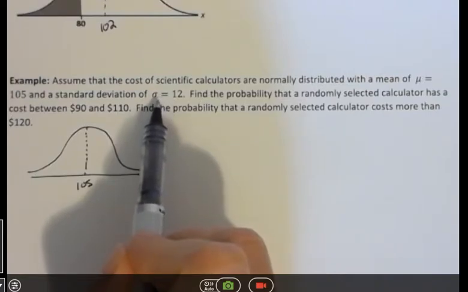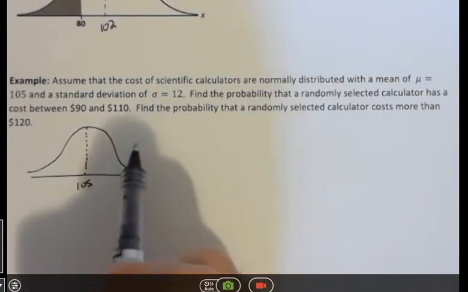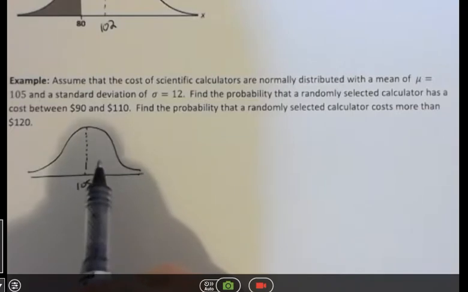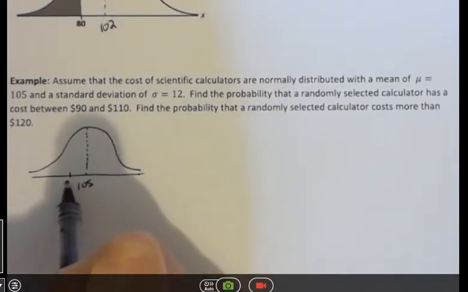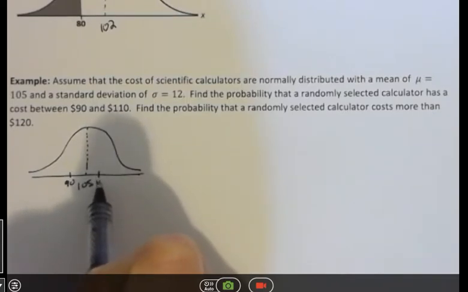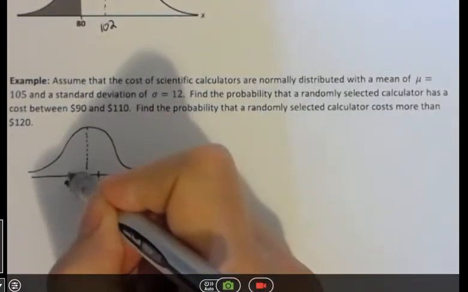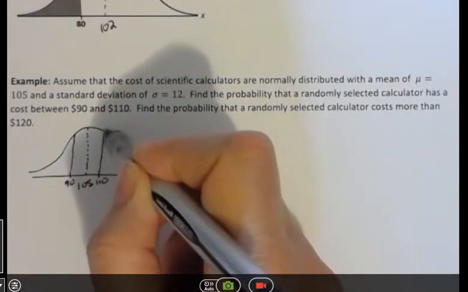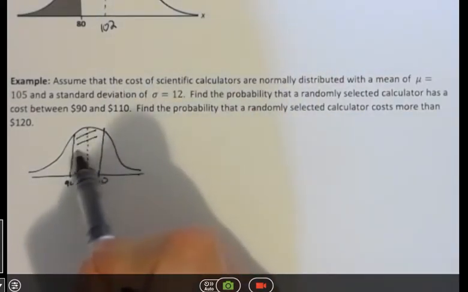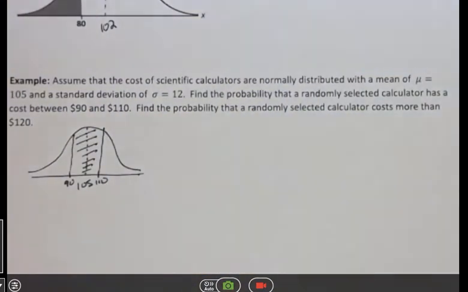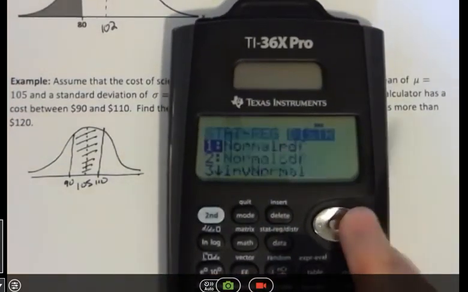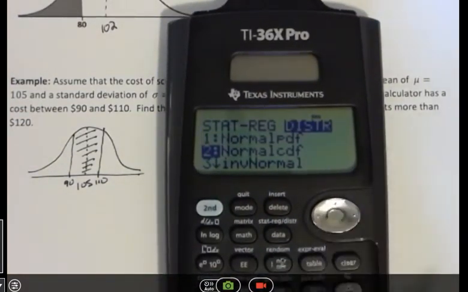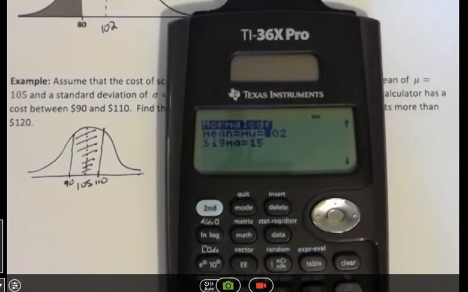And it says, find the probability that a randomly selected calculator has a cost between $90 and $110. So we're interested in something down here, 90, and over here, 110. My drawing isn't all that fantastic, but what I'm looking at then is the area between those two values. So I'm going to use my calculator, second function data, 1 to the right, down to normal CDF to find the area.